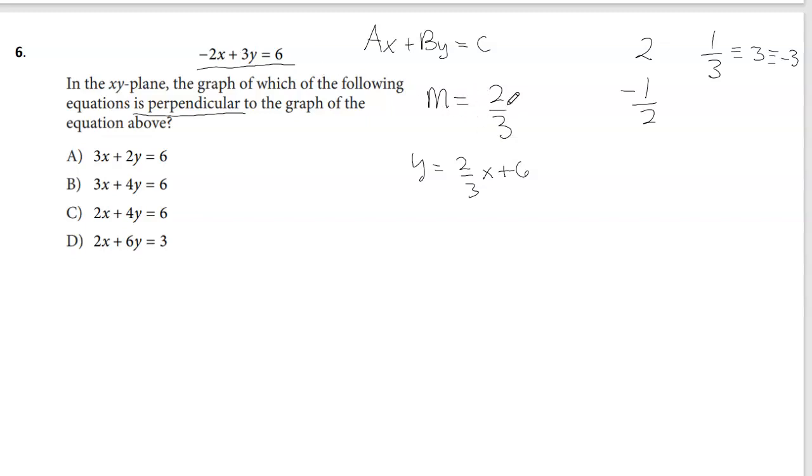So we want a line with a slope which is the negative reciprocal of this. So if we say that line is, let's say, g of x, right? The slope of g of x, let me write m of g, is equal to minus 3 over 2, right? And then we look in this. Which one of these will have this slope, right?